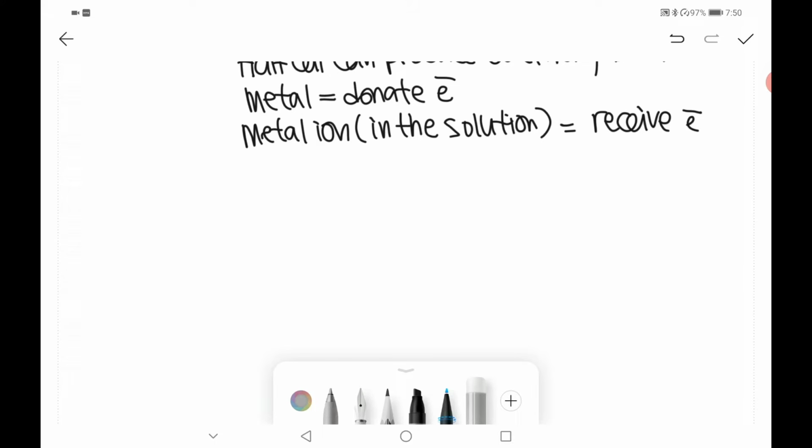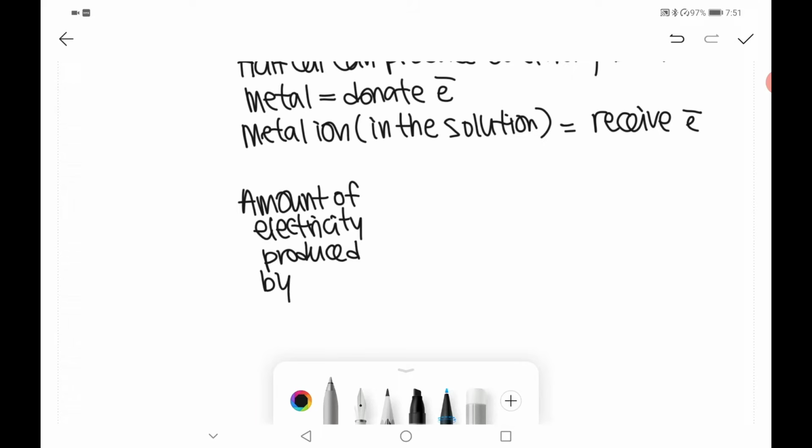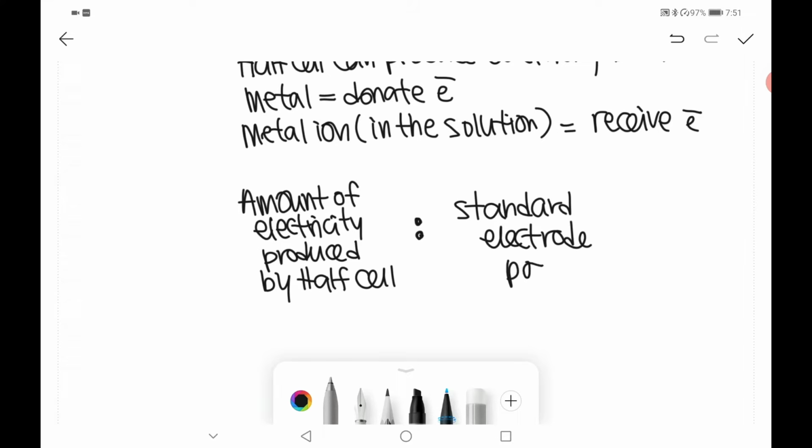So now we know already a half cell produces electricity. So how much electricity does it produce? The amount of electricity produced by a half cell is called standard electrode potential.